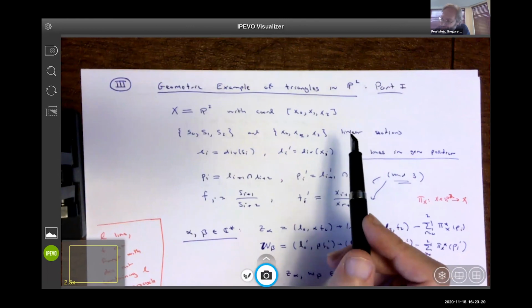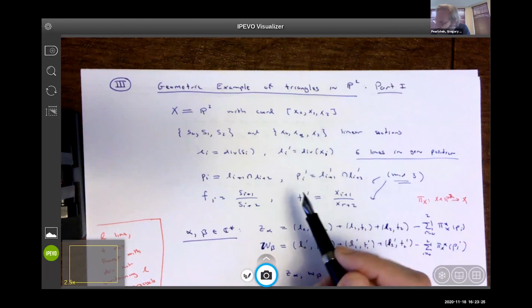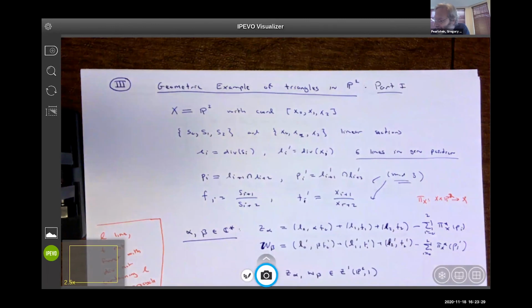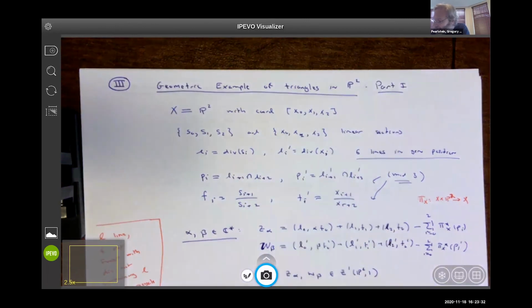This is maybe the simplest example of some higher cycles. So we're going to take X is P2, with homogeneous coordinates X0, X1, and X2.